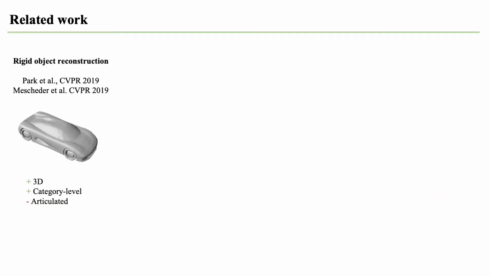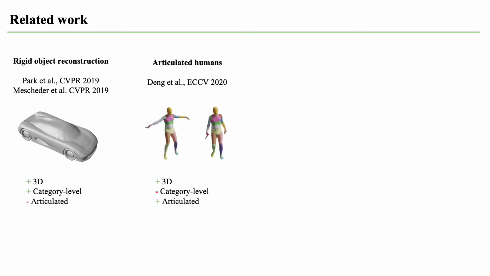Recent works have made significant progress on using implicit functions as a continuous representation for 3D rigid objects. The representation is not restricted to any specific class and is end-to-end differentiable. Built on top of implicit functions, Deng and others propose to model each human body part by a separate implicit function. However, the method is limited to instance level and requires part labels for the learning process.